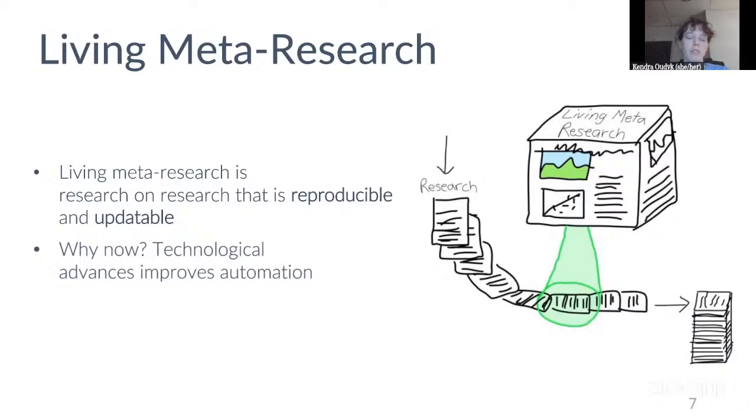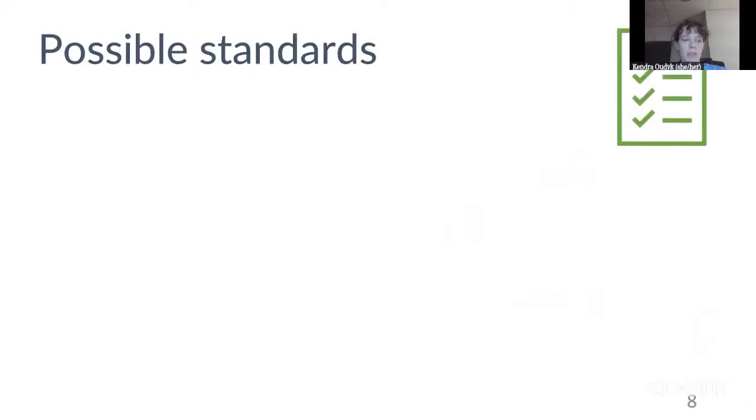So, for example, if we use a large language model to extract information from texts, for example, whether or not those cluster inference methods were being used, then if we automate that process, in a few years we could just run the code again and see if things have changed. And how will we get there? We argue that we need standards and tools to help us do meta-research in a more reproducible way.